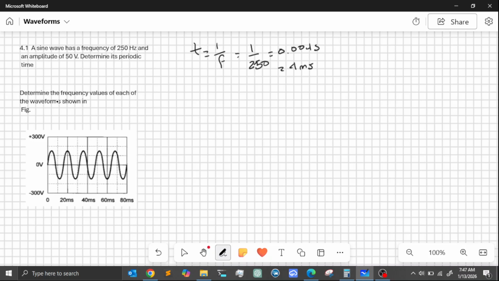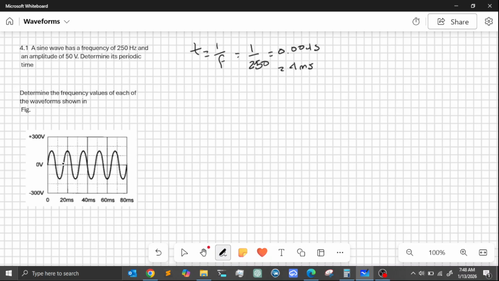The other one says determine the frequency values of each of the waveforms shown in this figure. So we only have one sine wave here, and we don't know the frequency, but we can calculate the period. So we can calculate the period by taking a look at when a full cycle is completed.